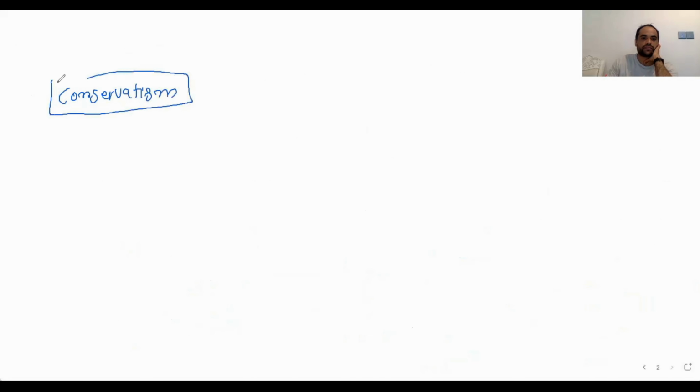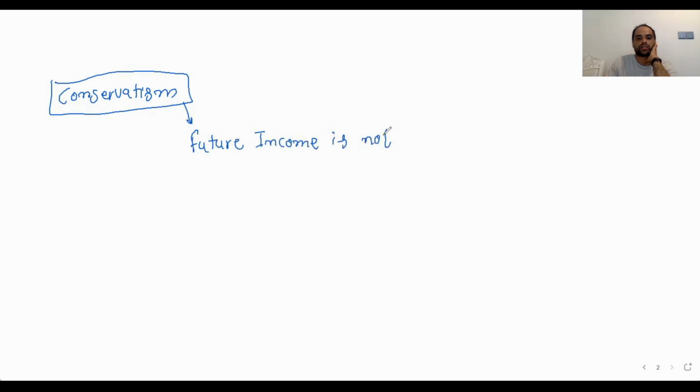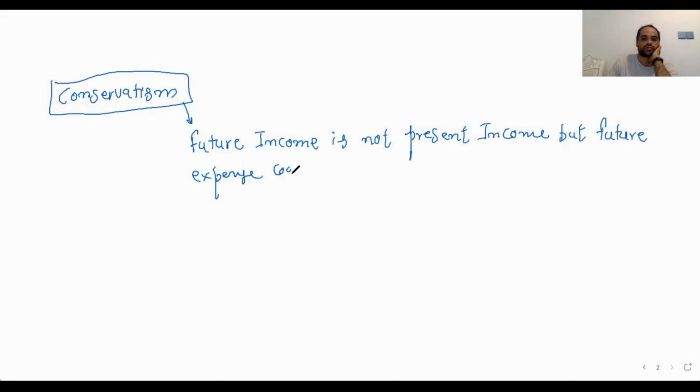According to the conservatism constraint, future income is not present income, but future expense could be present expense.